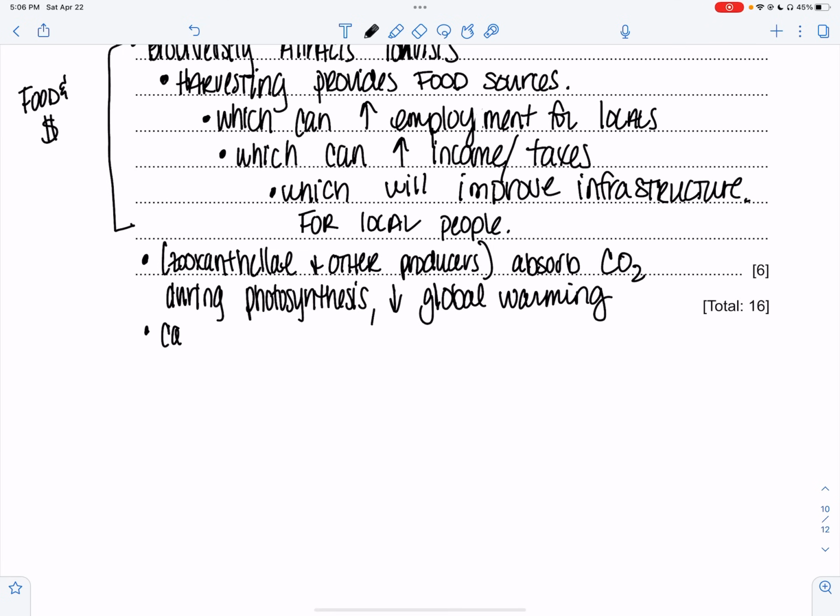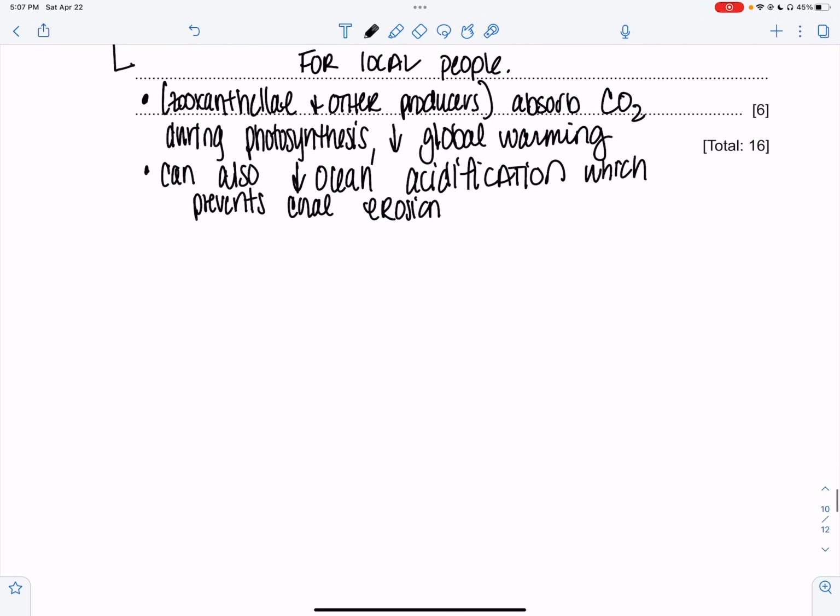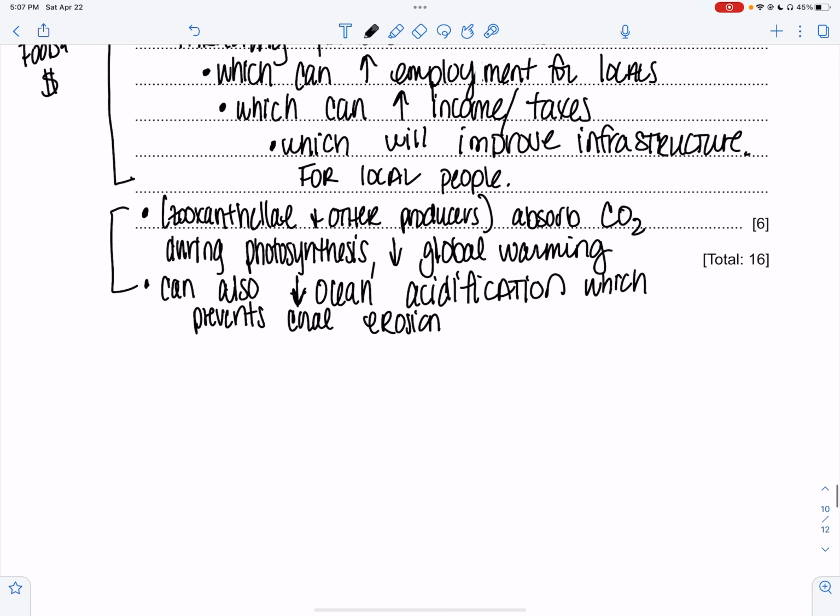And the decreasing of CO2 can also decrease ocean acidification, which prevents coral erosion, or you can talk about coral erosion and then causing a biodiversity loss. You can go down the rabbit hole with that a little bit if you wanted. Okay, and that's climate control.